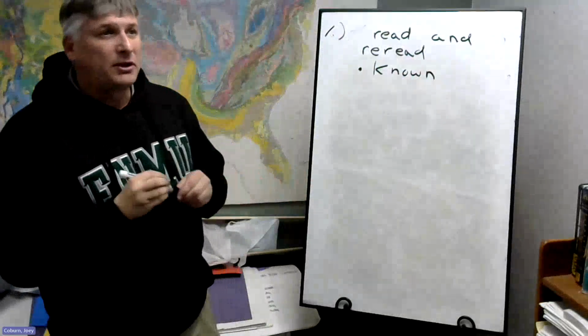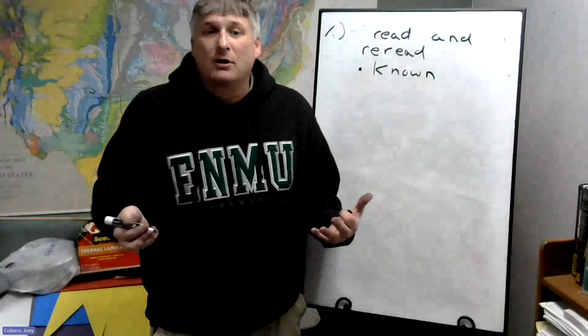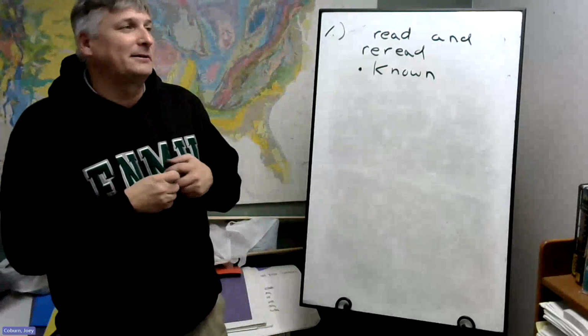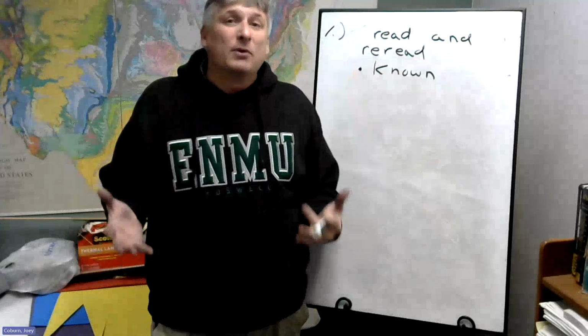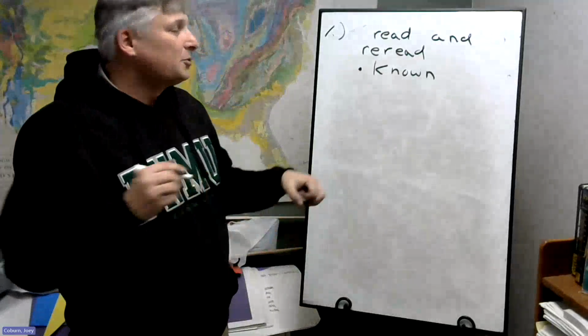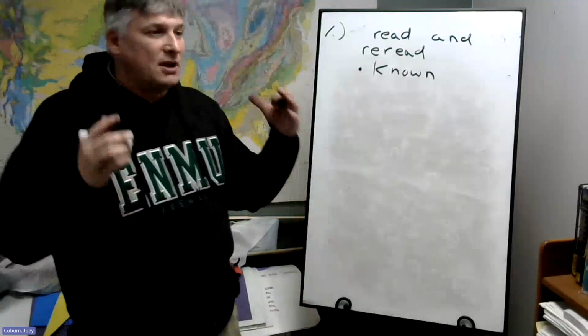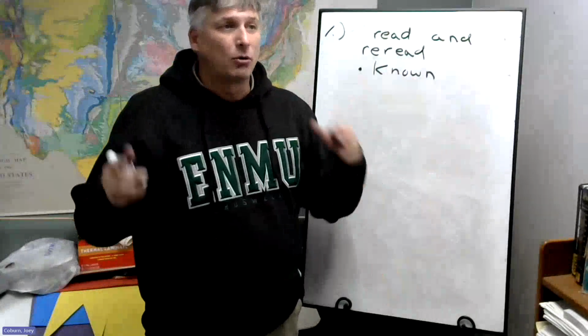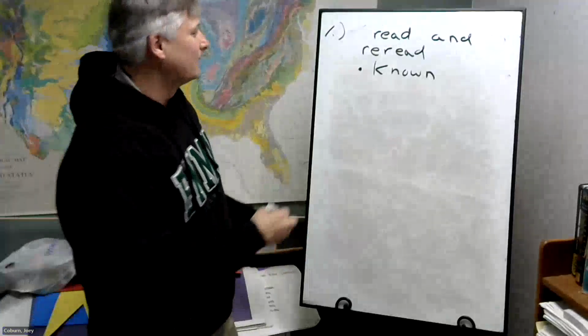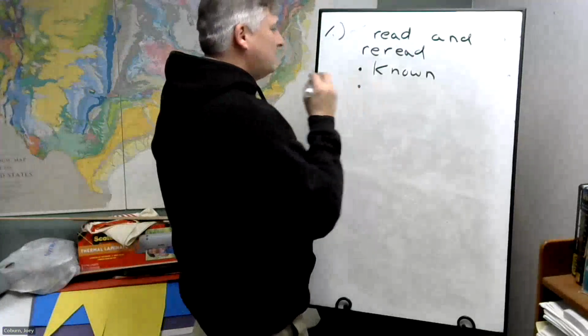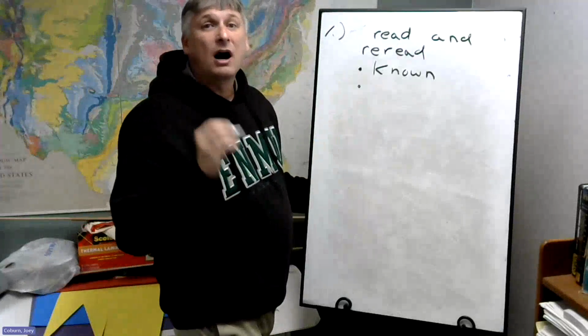So we might be told that a crate weighs 100 pounds, or that it takes 2 hours to do something. There's a number attached, so those are known quantities. Now we want to identify what's unknown.